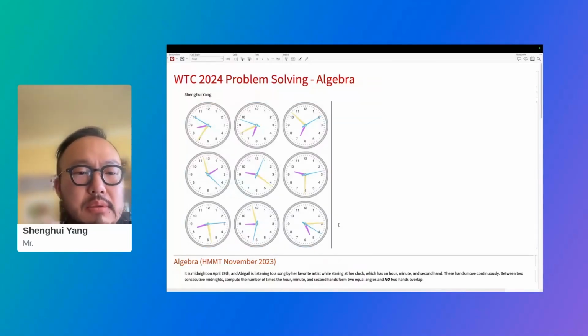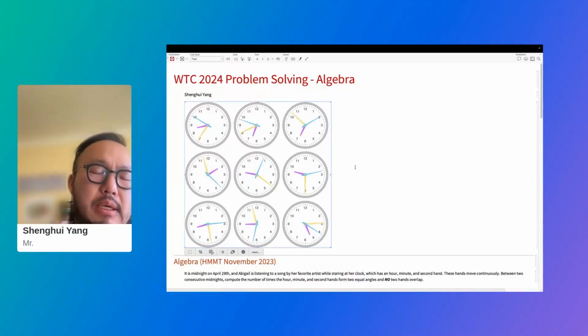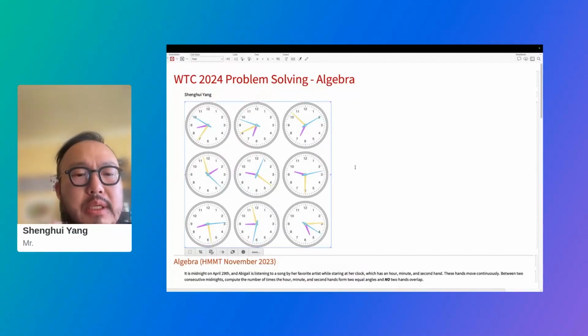Okay, so the question asks you between midnight to midnight, basically 24 hours, how many times such configuration will show up? And excluding the midnight, like 12 o'clock, and also excluding sometimes if two hands overlap.